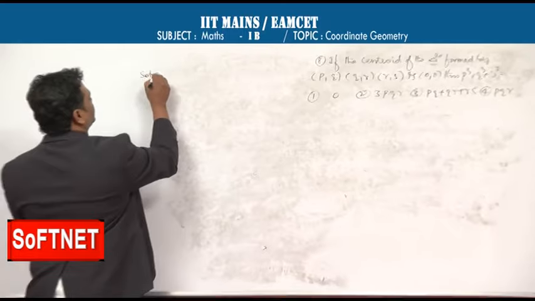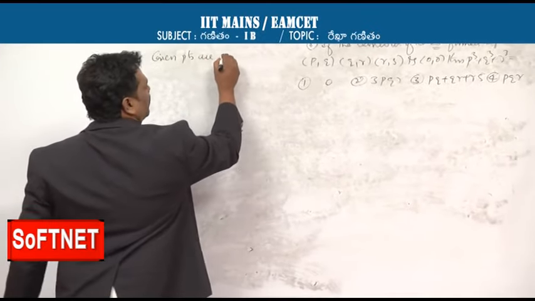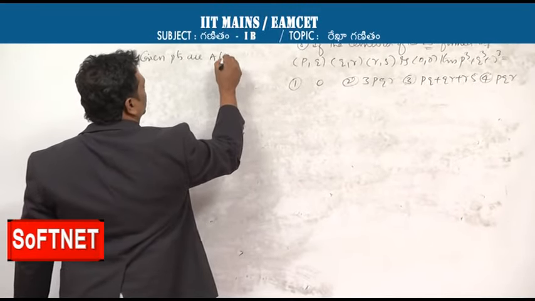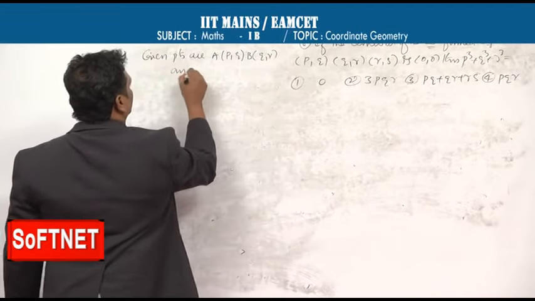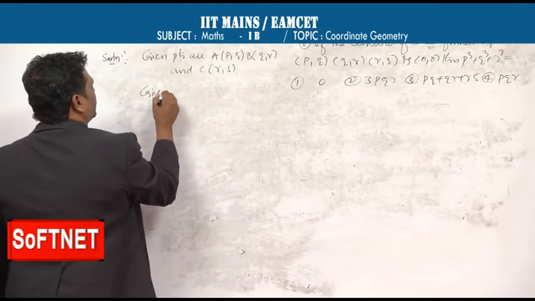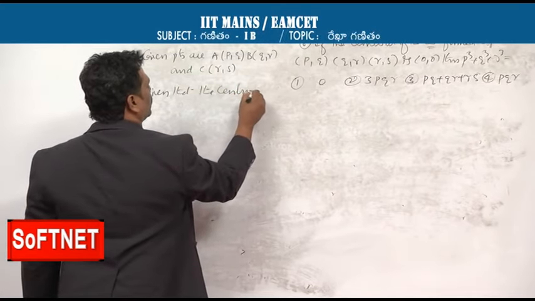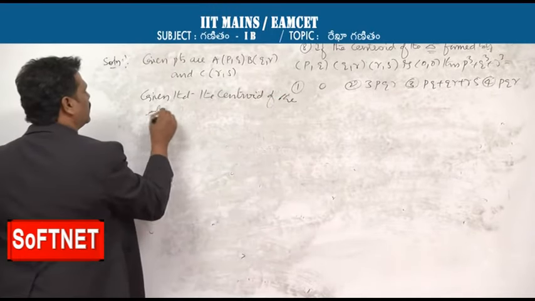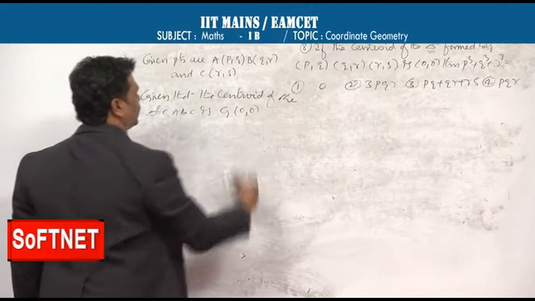So your solution is, given points are A is P comma Q, B is Q comma R and C is R comma S. Given that the centroid of the triangle ABC is 0 comma 0.